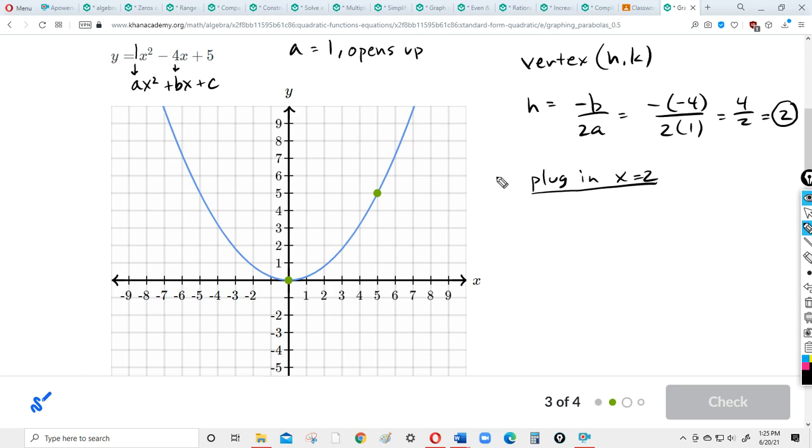So we have 2 squared minus 4 times 2 plus 5. That's going to be 4 minus 8, which is negative 4, plus 5, which is 1. So the vertex is 2, 1.